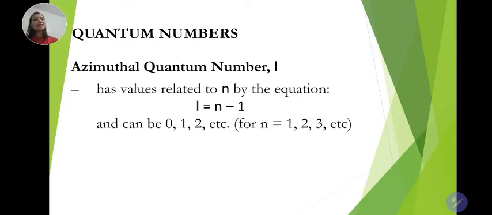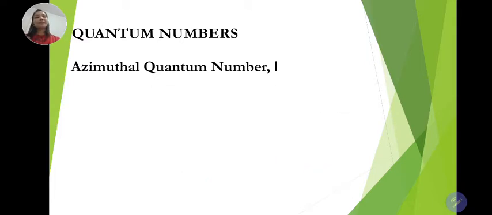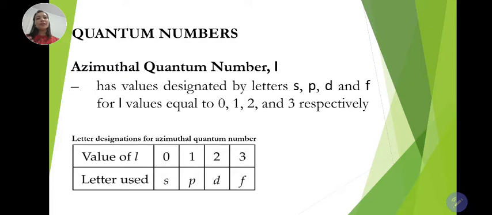So if our n is, for example, 1, our L will be equal to 1 minus 1, and that would be 0. Okay? So, these are values designated by letters S, P, D, and F for L values equal to 0, 1, 2, and 3 respectively. So, ito yung letter designations.